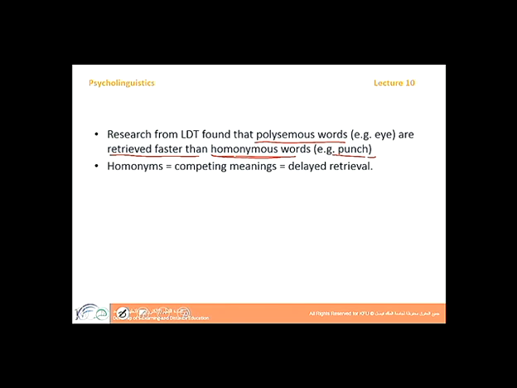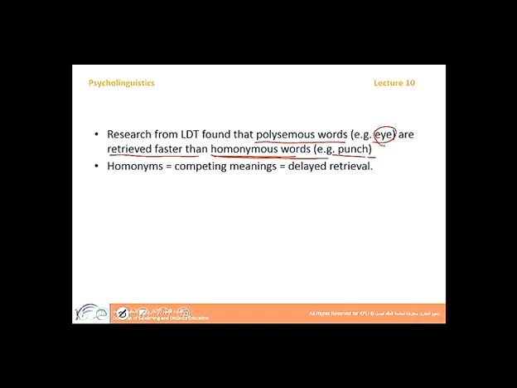You can use it as a verb, to punch someone in the face, or you can have a fruit punch and you drink it. Two different meanings. They are unrelated. And that's why it takes us a little bit longer to retrieve words like this than words like eye, the eye of the needle, or my eye.